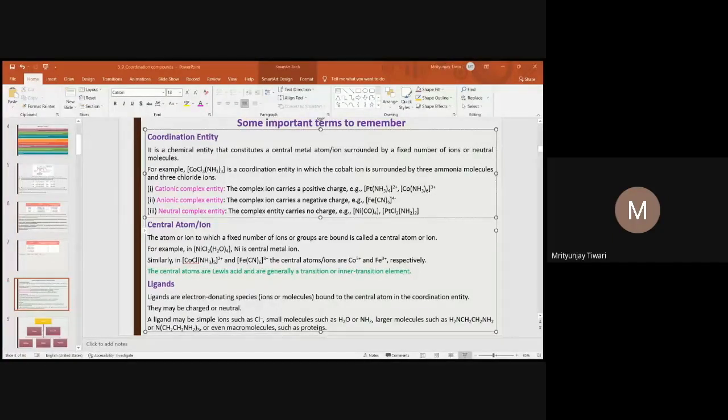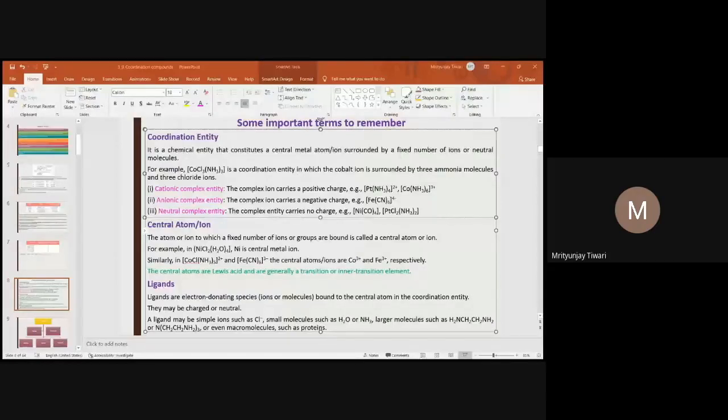So the central atoms in all coordination compounds are Lewis acids, and usually transition metals or inner transition metals. However, it is not a necessary condition. Zinc, although a 3d metal, is not considered a transition metal because of its properties, and it shows only plus 2 charge, which is more similar to the alkaline earth metals.